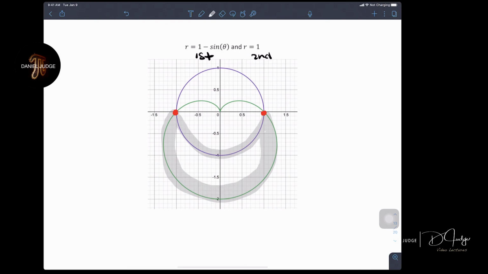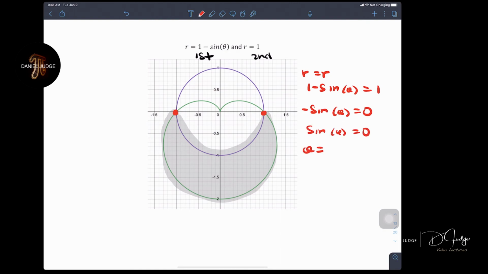So if I were to do the algebra and set my curves equal to each other to find the point of intersection, r equals r, I'm going to get the following here. So if you set the curves equal, r is r. Well, 1 minus sine theta is 1, or minus sine theta is 0. Sine theta is 0.